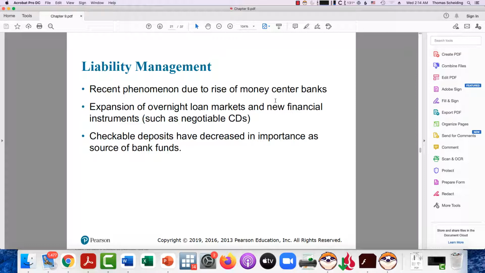And it's become more complicated by the fact that you just have more options out there for storing money for a short period of time. You used to just go to your bank and put it in your checking account. But checking accounts are not as important as they once were. Instead, you've got individuals who are directly participating in the overnight rate and shopping their money across the country.